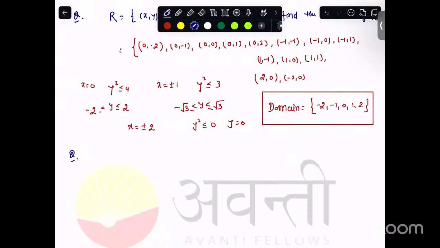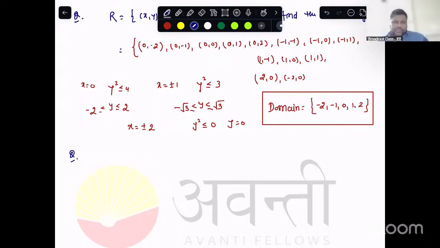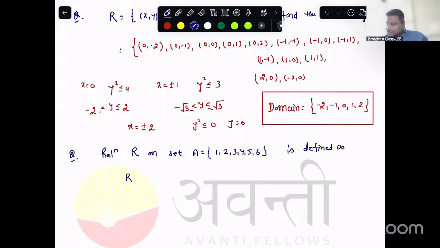Yes, sir. Now, write down the next question. Relation R on set A, that is {1, 2, 3, 4, 5, 6}, is defined as R is (a, b) such that b is a plus 1. Then check for reflexive, symmetric, and transitive. Quickly tell me.